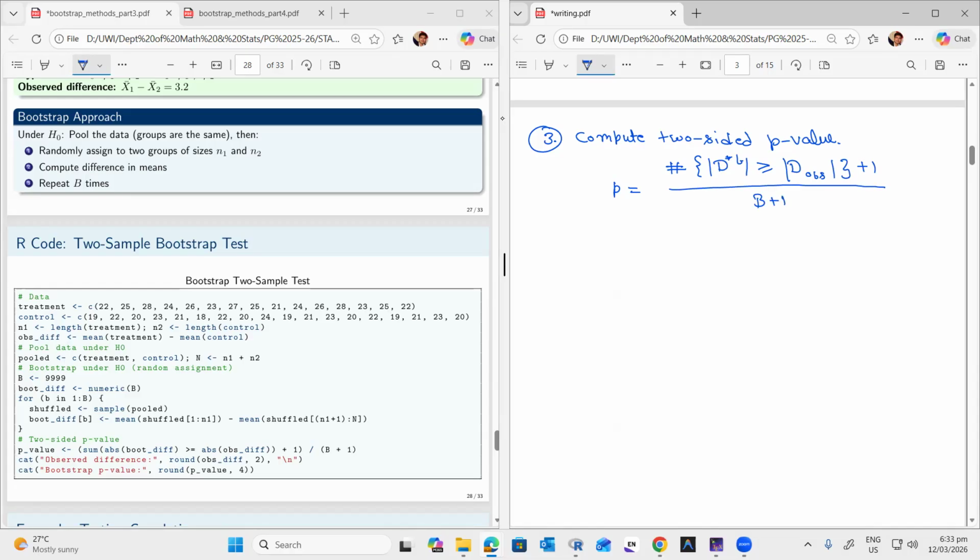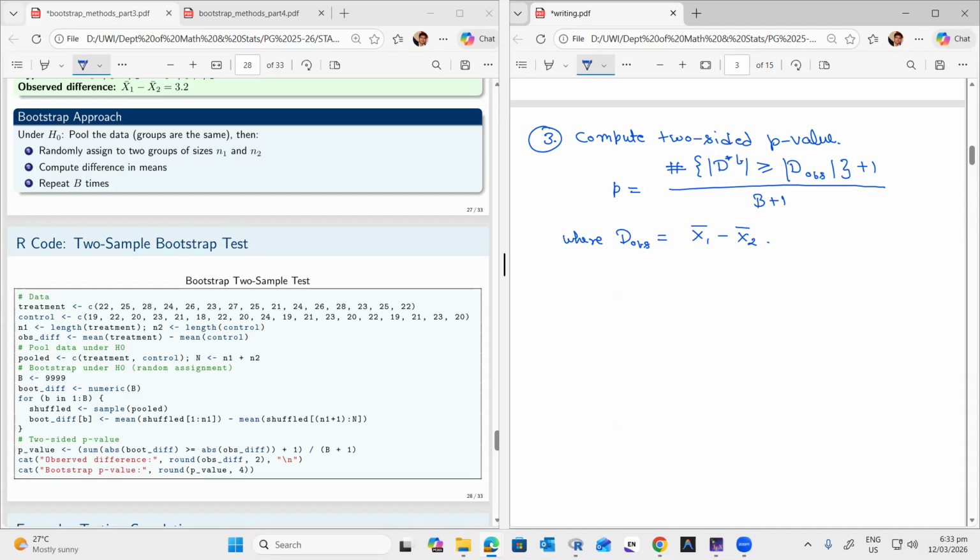Where D observed is basically the actual difference of the means from the original data, that is x bar 1 minus x bar 2.